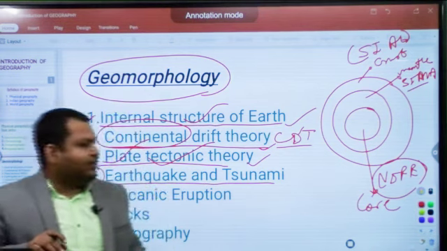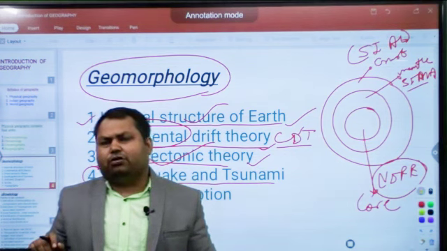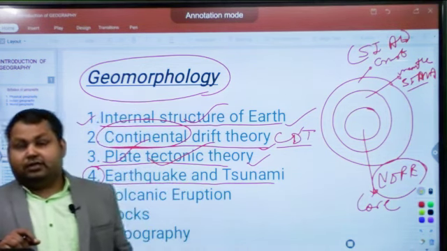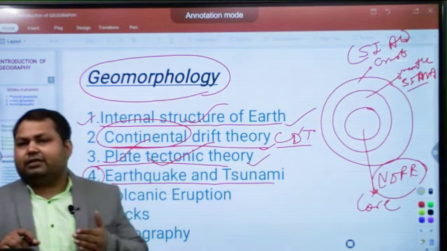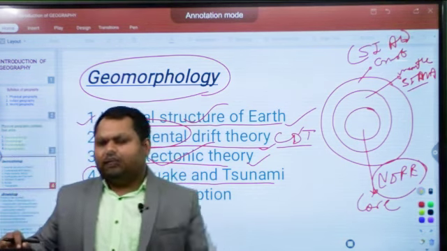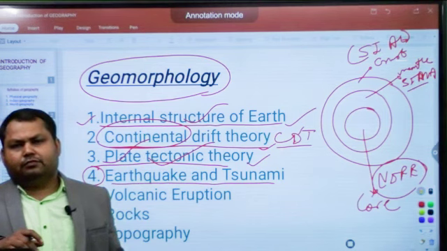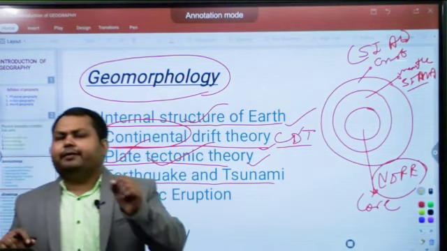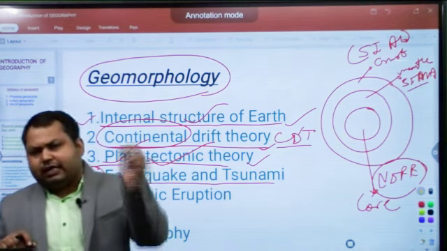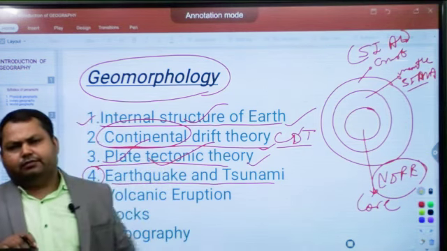Sudden disturbances of the earth crust under internal or external forces is called earthquake. So, in short, we can say earthquake is a phenomenon that occurs under endogenetic or exogenetic processes.